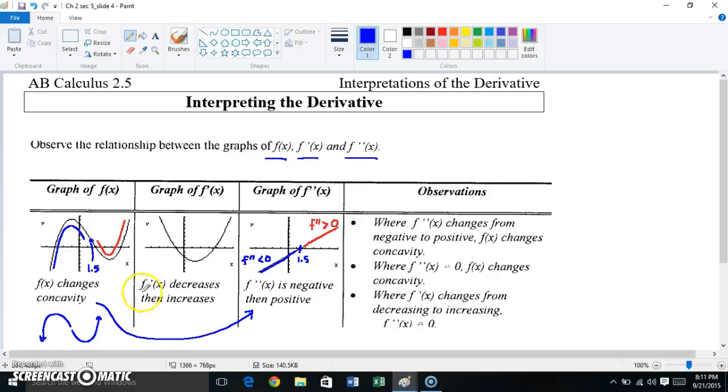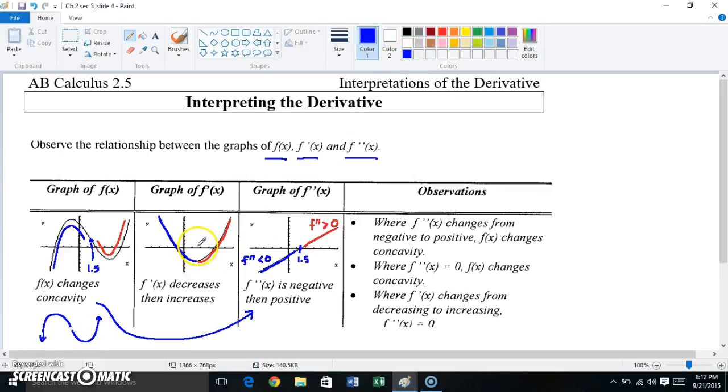Okay, let's take a look at f prime of x. And they've noted that f prime of x decreases and then increases. Okay, so they're just talking about our slopes are negative here, and then our slopes are positive here.